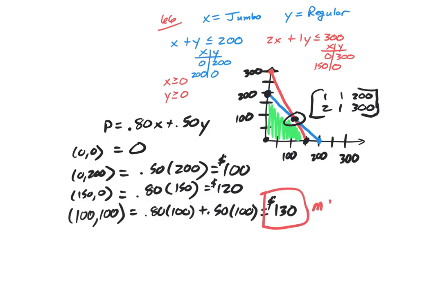So this is my max profit just for the biscuits. Each day I can make up to $130. And in order to get to that, we would have to make 100 of each. That's the ordered pair that gets us there.